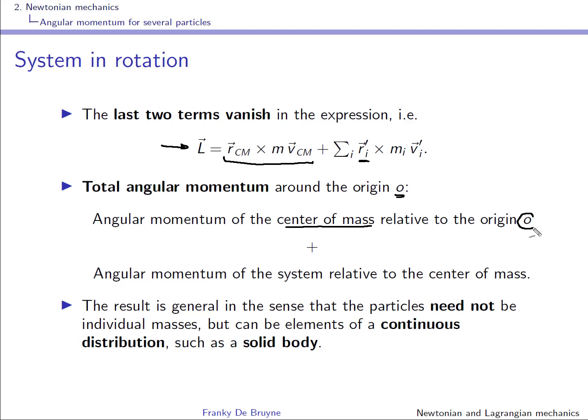The second term over here, this is simply the angular momentum of the system now relative to the center of mass. And this result is general in the sense that you can use it for a system of particles, individual masses, but it can also be used for continuous distributions, solid bodies, rigid bodies.